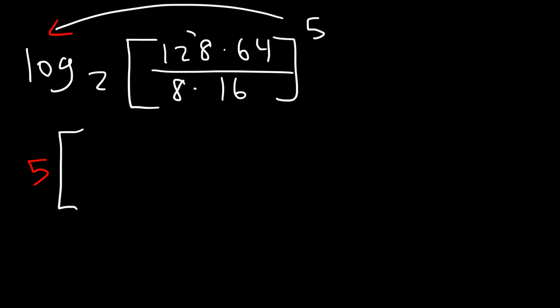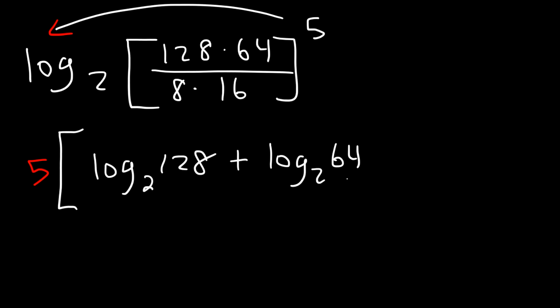Every number that's on top will have a positive sign. The numbers on the bottom will have a negative sign. So it's going to be 5 times log base 2 of 128 plus log base 2 of 64, since they're multiplied to each other, minus log base 2 of 8, since it's divided by, and also minus log base 2 of 16.